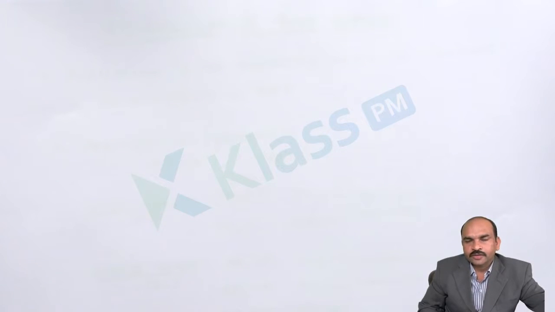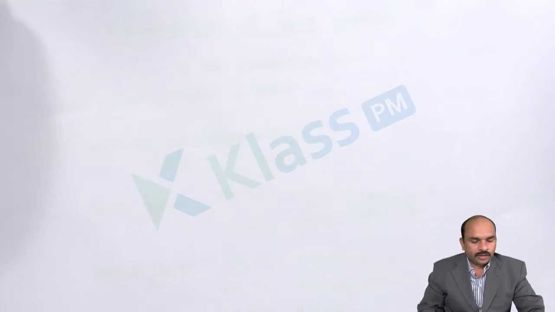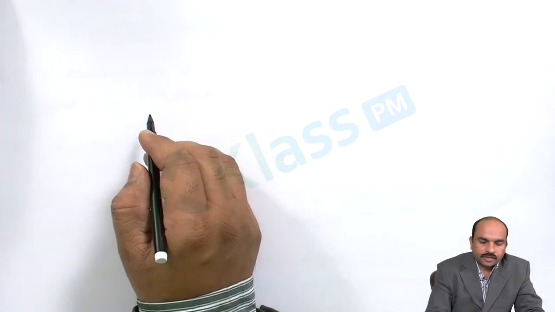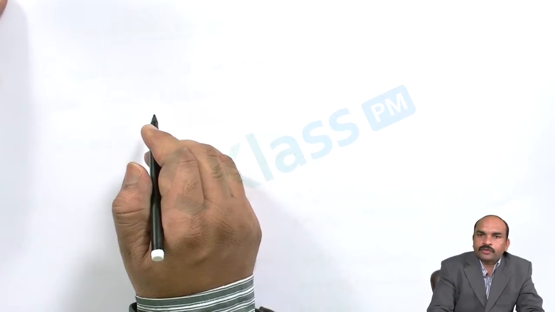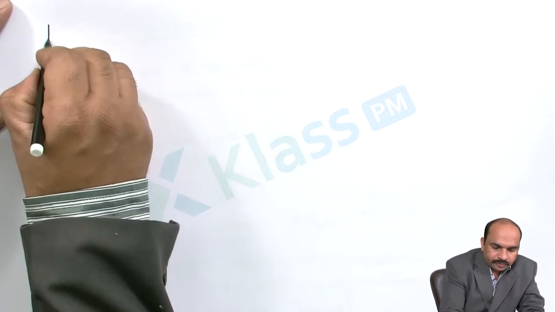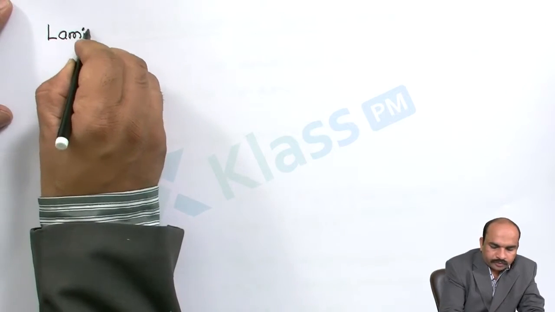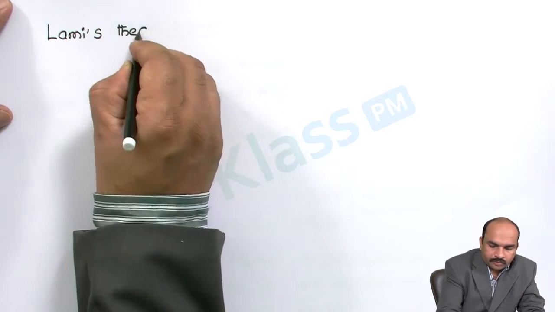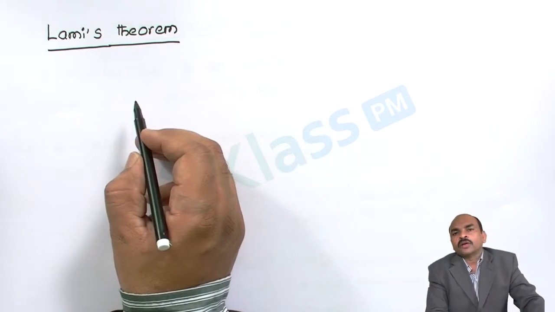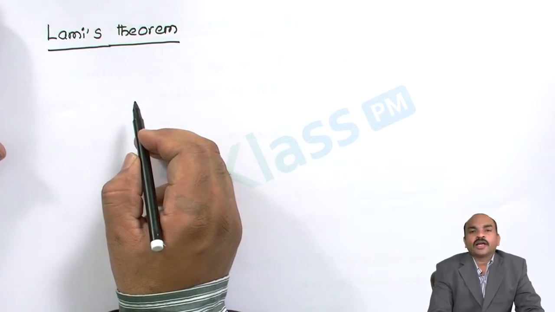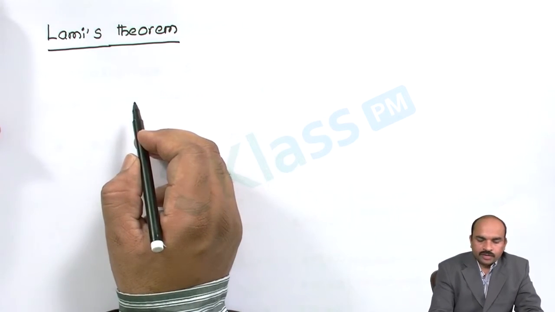Now let us discuss some theorem which is related to the equilibrium. Let us discuss Lami's theorem, which we will be using in equilibrium condition. Lami's theorem can be explained with the help of three forces.